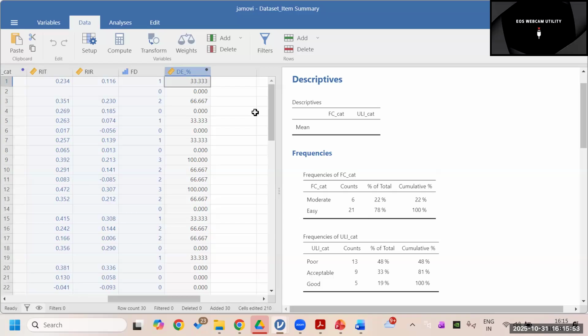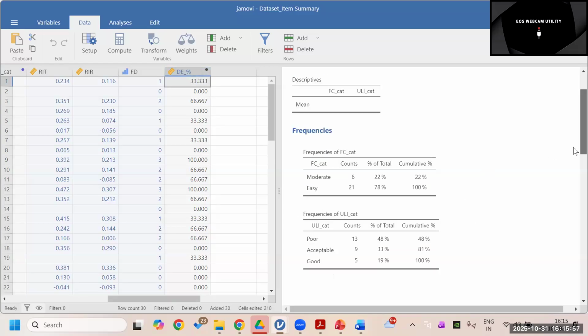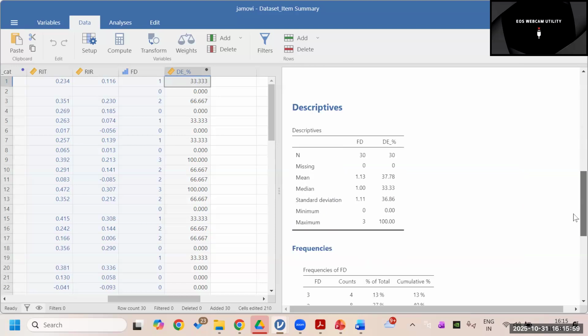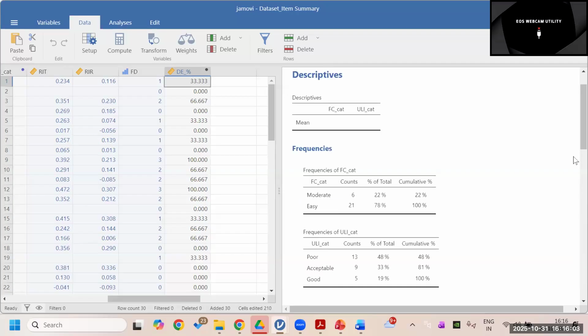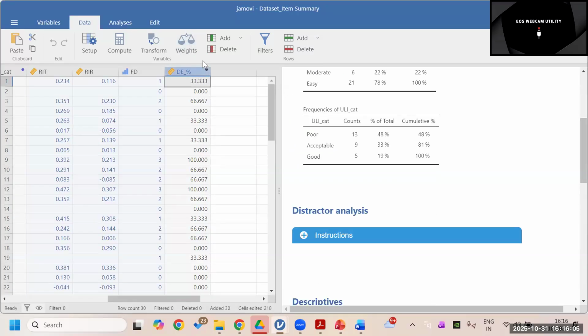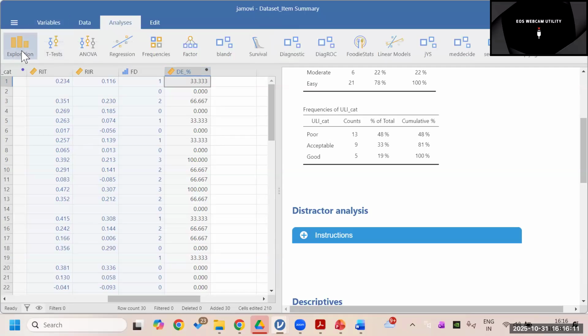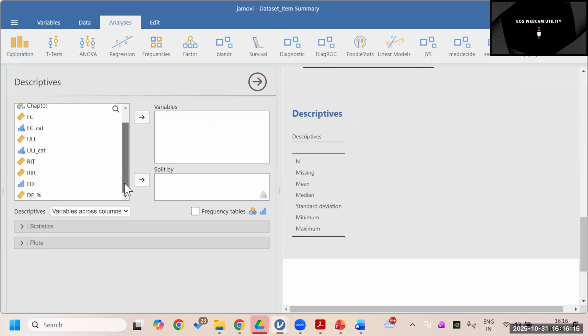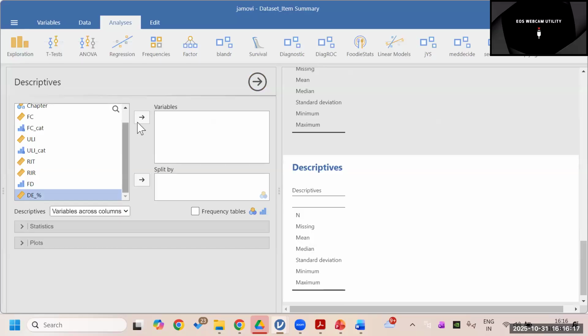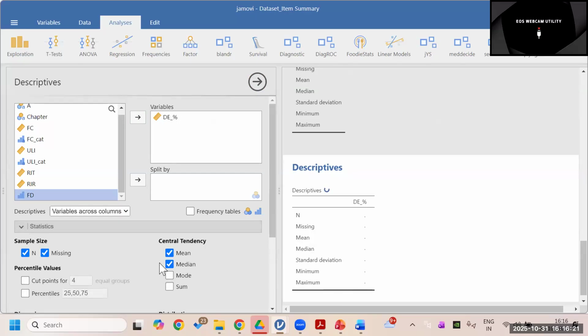And from here, you can go to the distractor descriptive, because we have to calculate the mean distractor. So go to Explore, Descriptive, and here you can enter this distractor variable.